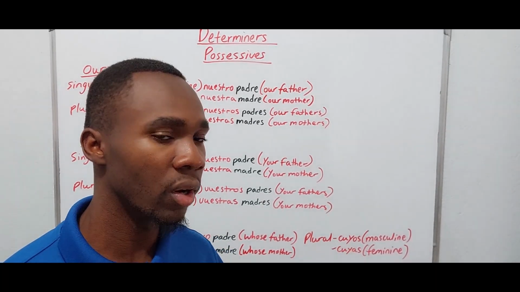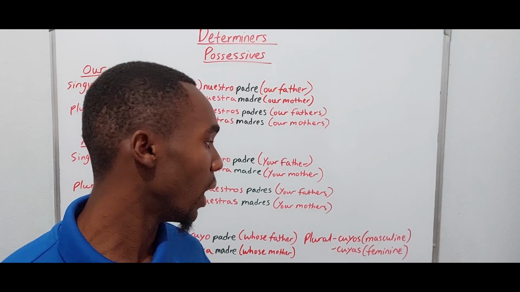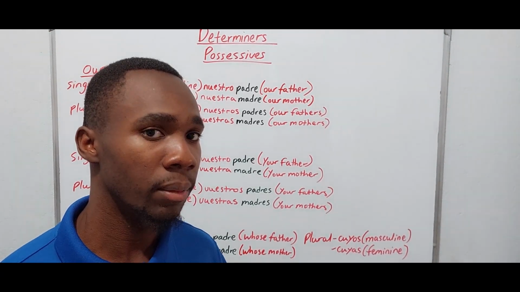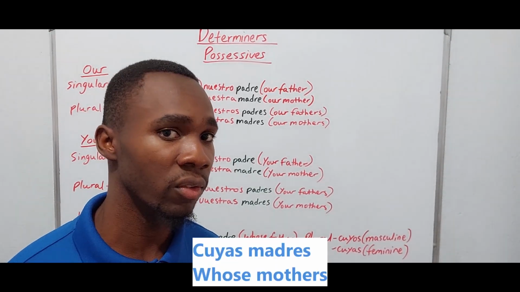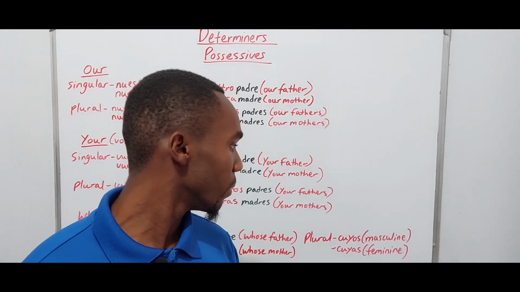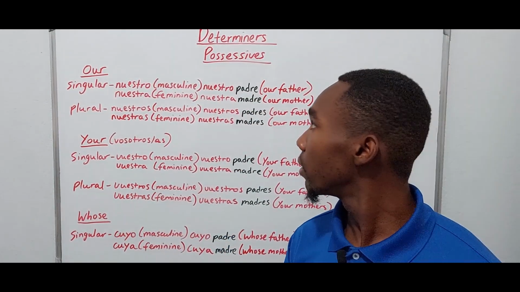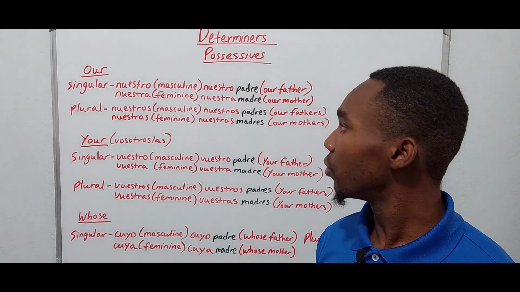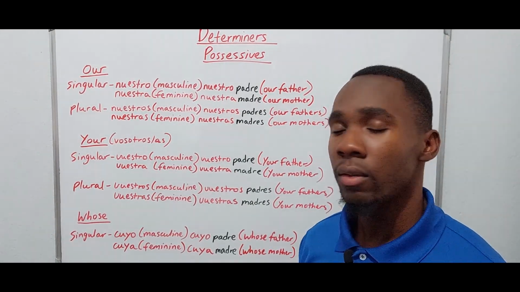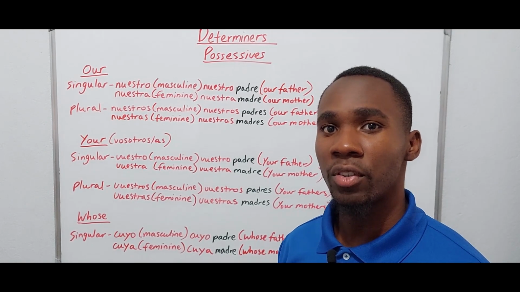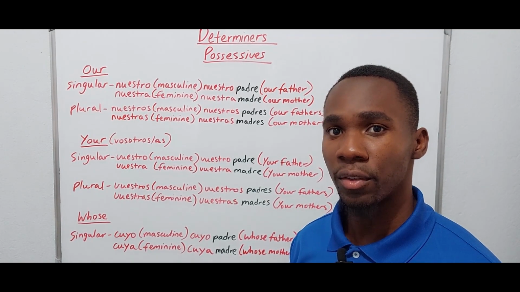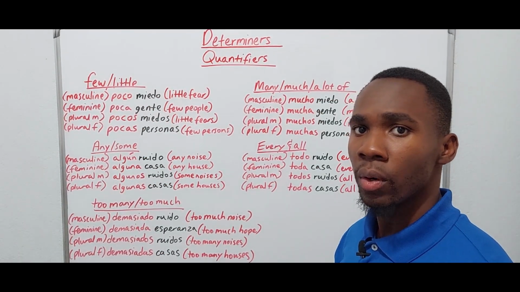Cuyos padres would also be whose fathers, and cuyas madres would be whose mothers. All right? So those would be possessives in Spanish when it comes to gender. Now we're going to proceed to quantifiers.